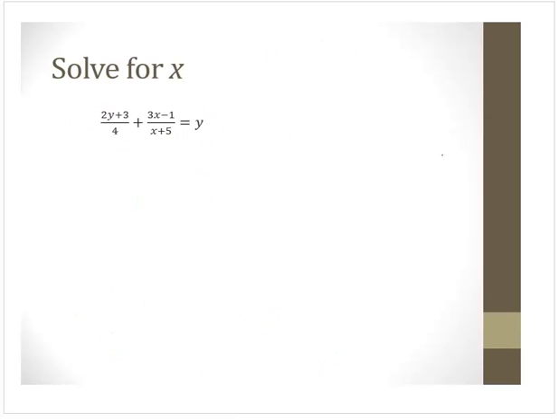All right, let's see another example. We're asked to solve for x, and we have (2y plus 3) over 4 plus (3x minus 1) over (x plus 5) is equal to y. And again, we're asked to solve for x. As I did before, I'm going to first multiply through by a common denominator. And in this case, the LCD is 4 times (x plus 5).